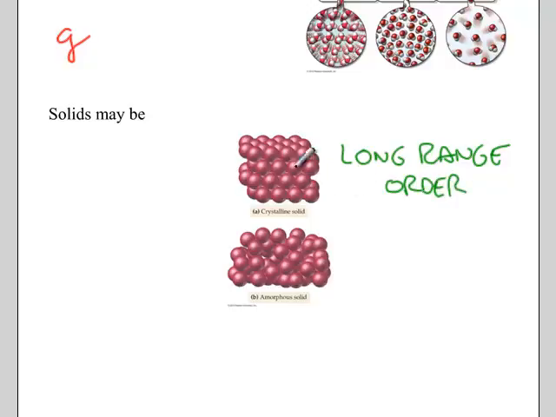This picture is trying to show you that there's a certain pattern that gets repeated where the atoms are located. The picture below has no order to it. This is an amorphous solid. In both cases, notice that the atoms are stuck in location.